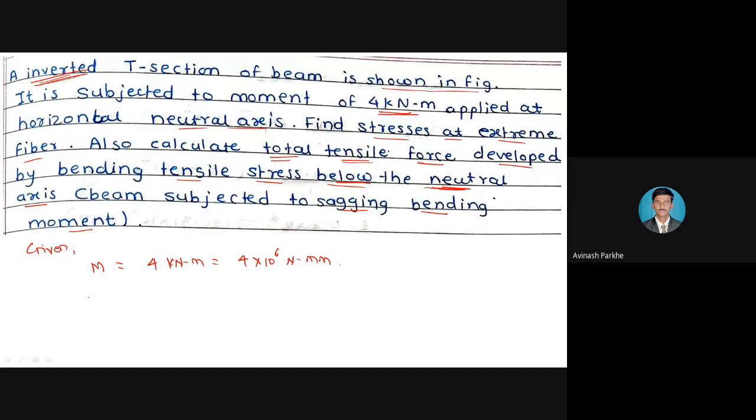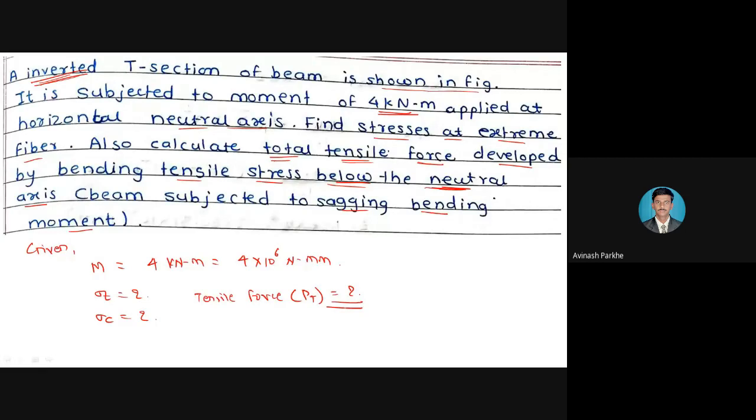We have to calculate the stresses, that is, we have to calculate sigma T, and we have to calculate the tensile force. We can write it as PT. Now here the type of beam is mentioned, but the type of load is not mentioned.